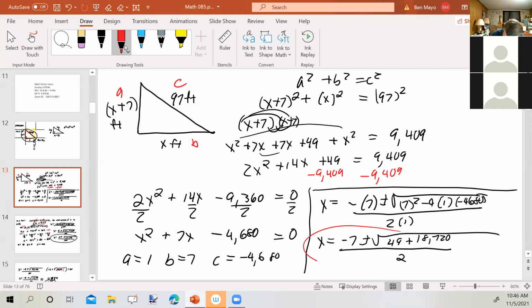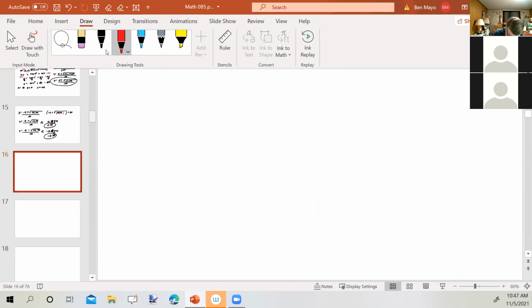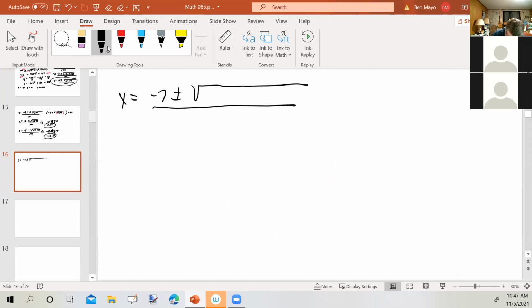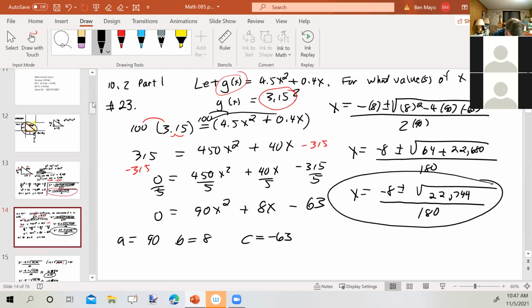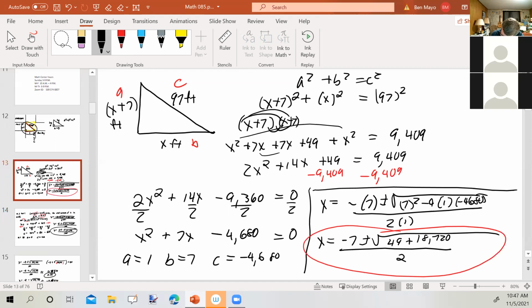So let's take this and copy it. x is -7 plus or minus the square root of 49 plus 18,720, all over 2. I've got to make sure I'm getting the right information.